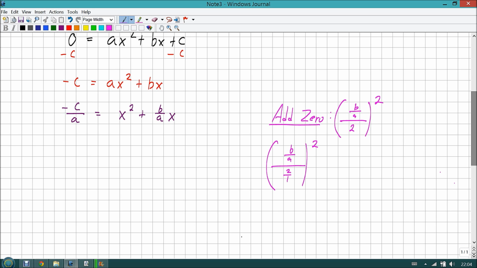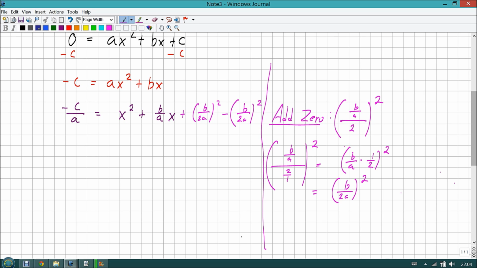Yep, you just flip and multiply. So this turns into b over a times 1 over 2, all squared, which becomes something much more manageable, b over 2a squared. So I'm going to be both adding and subtracting b over 2a squared. So plus b over 2a squared minus b over 2a squared.